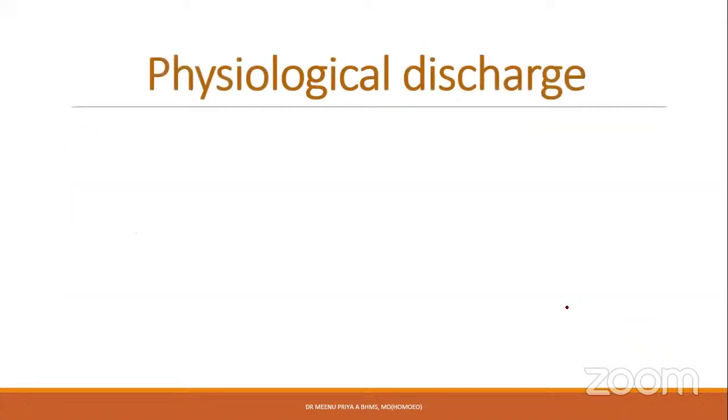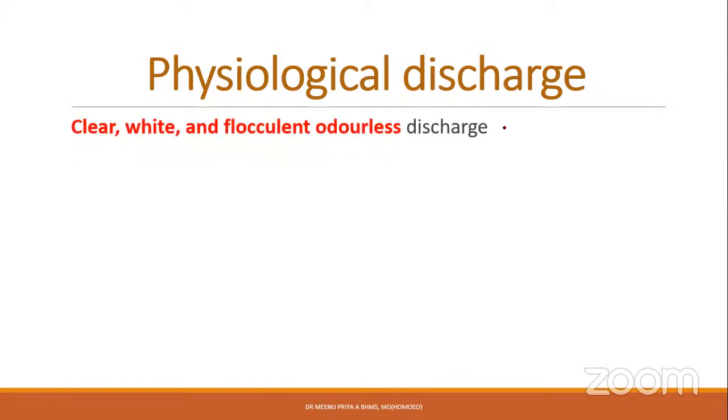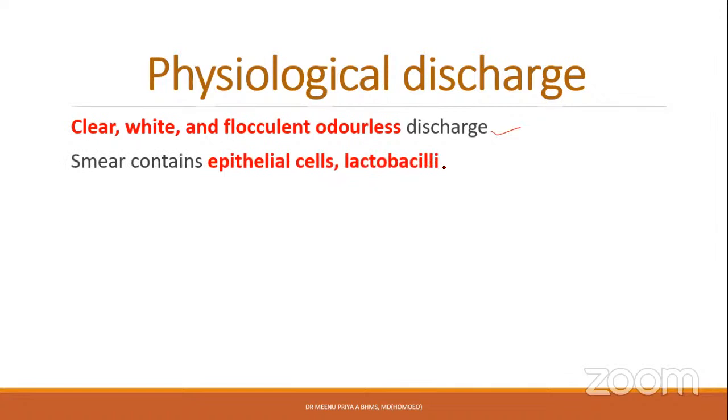Physiological discharge. We have to know this, because we will get to know the pathological discharge of each infection only if we know the deviation from the physiological discharge. The normal physiological discharge is clear, white, flocculent and odorless, no smell. If a smear of the physiological discharge is done, there will be only epithelial cells and lactobacilli, whereas in other infections you can see the organisms.